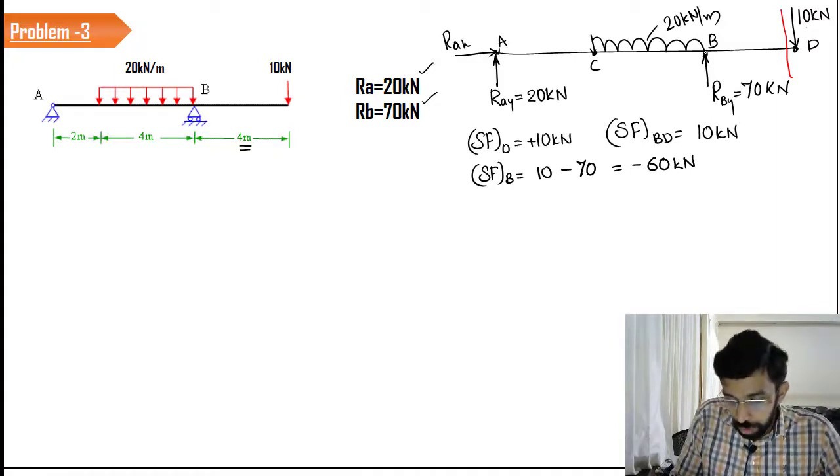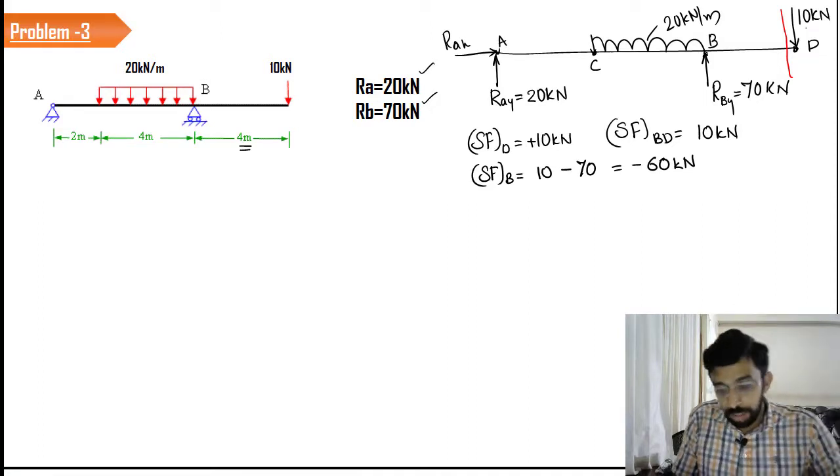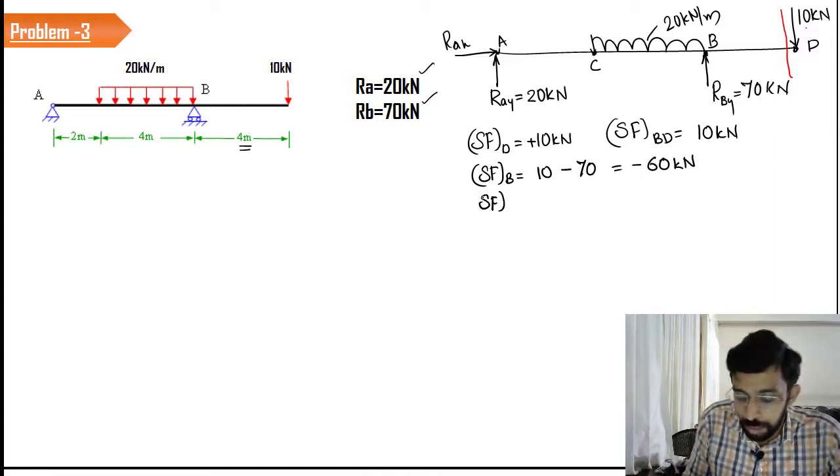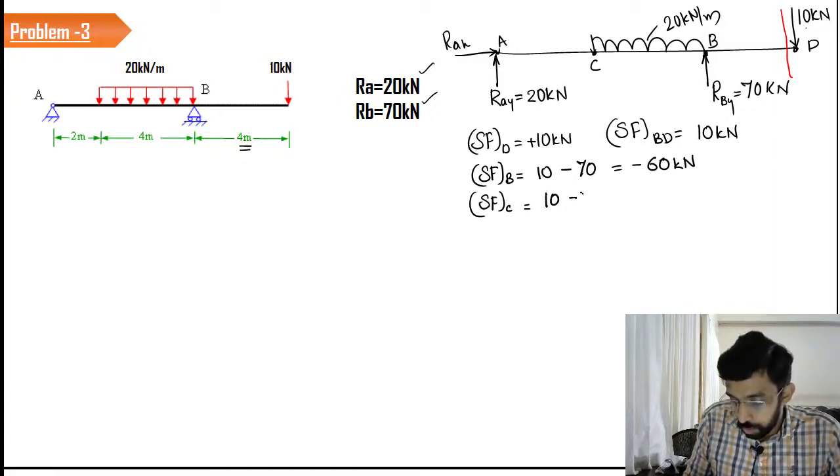So when you start to travel from the point B towards C, you can see that the value is gradually increasing from this minus 60. So we can say that when you reach the point C, the shear force is equal to plus 10 minus 70 plus 20 into the distance, which is 4.